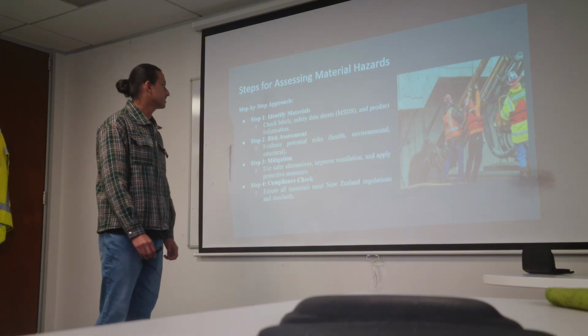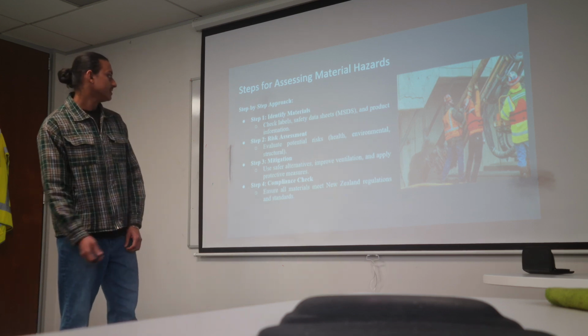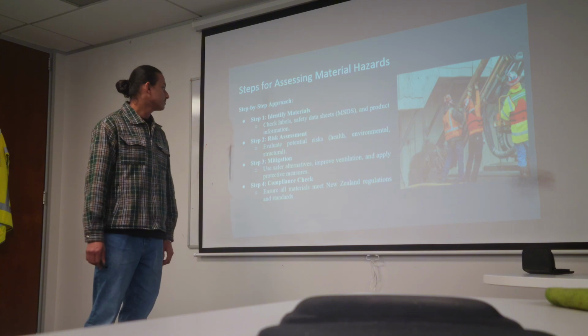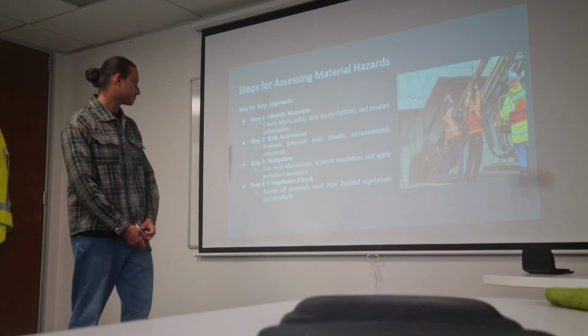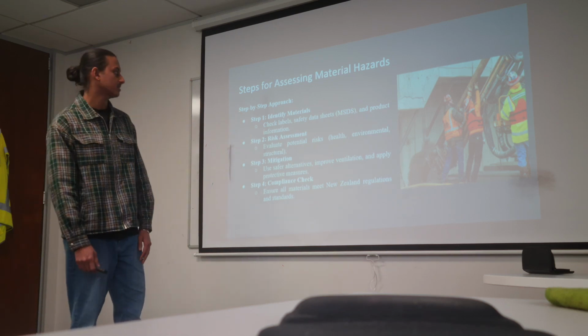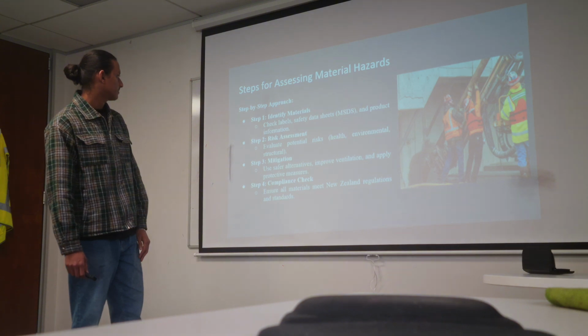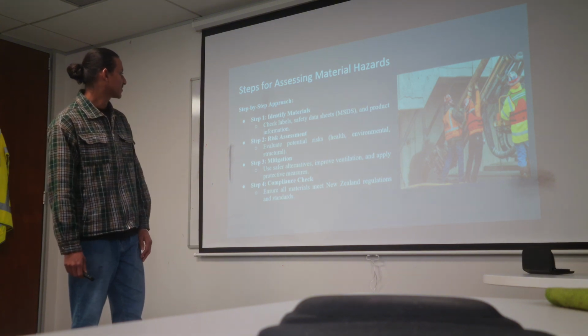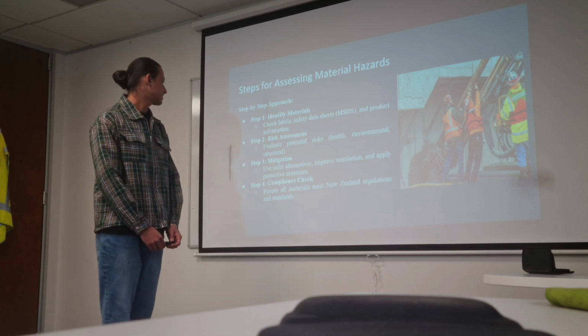Evaluate potential risks: health, environmental, and structural. Step 3, mitigation. Use safer alternatives, improve ventilation, and apply protective measures, which can also be PPE while being in the construction. And after the construction project, different alternative methods. Compliance check. Ensure all materials meet New Zealand regulations and standards.